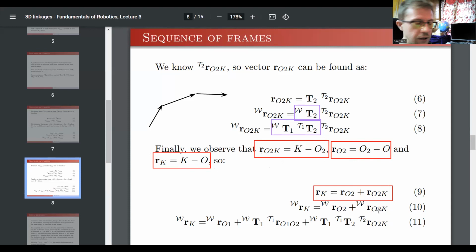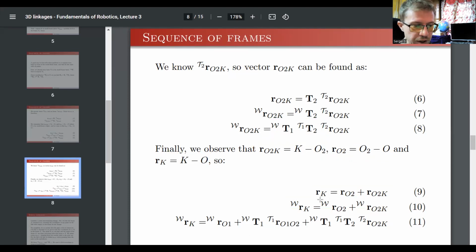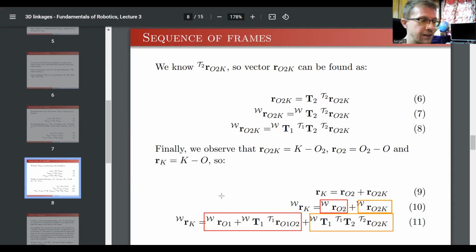This is in the world frame. And now all we need to do is to replace this guy with its definition, which is here, and replace this guy with its definition, which is here. And that is the answer.